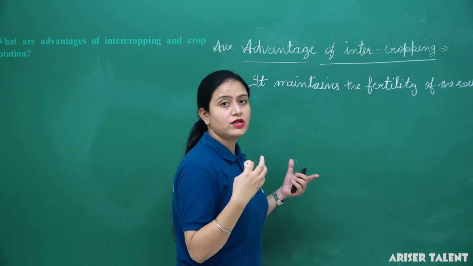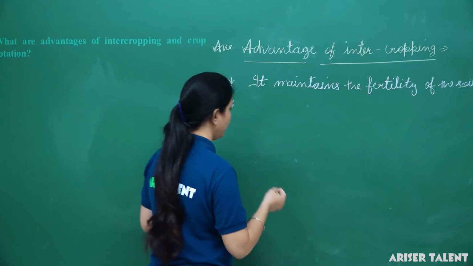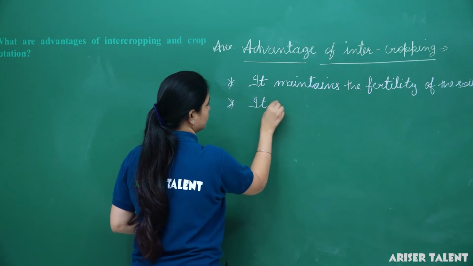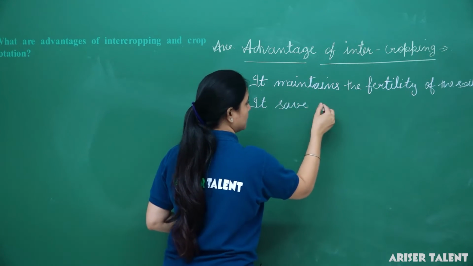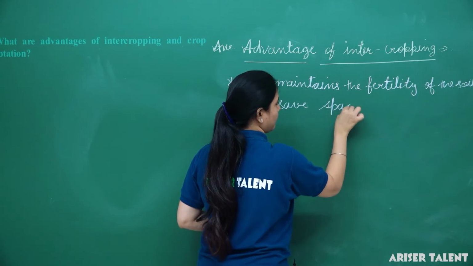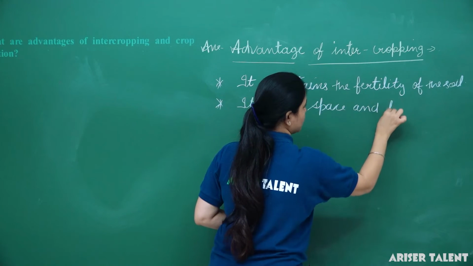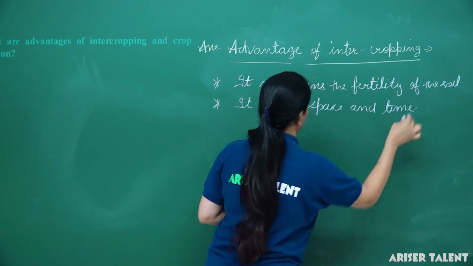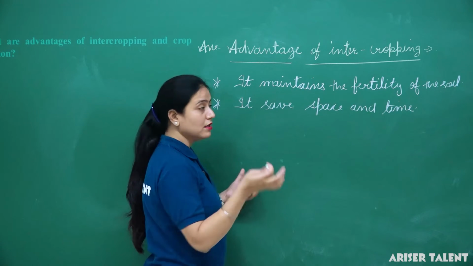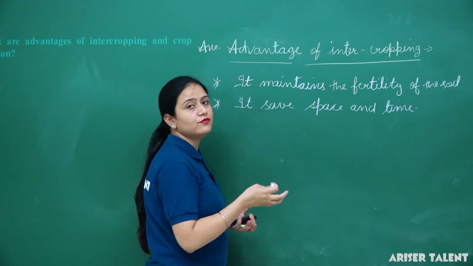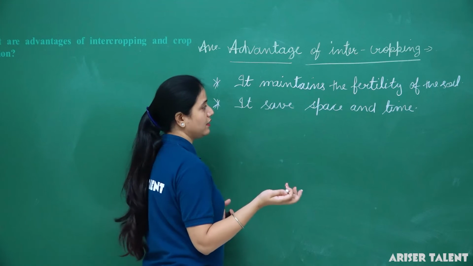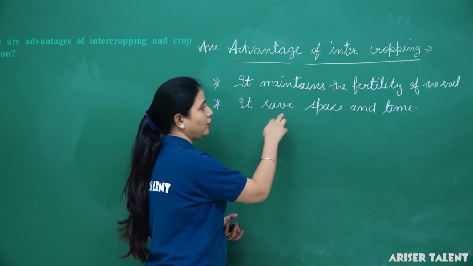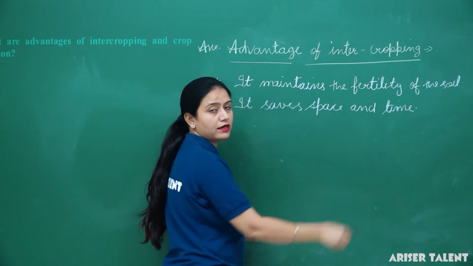They save space and time. It saves space and time because one or more crops are grown on the same field at the same time. So thus we can say intercropping saves space and time.